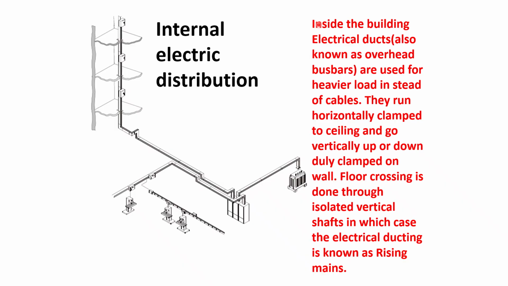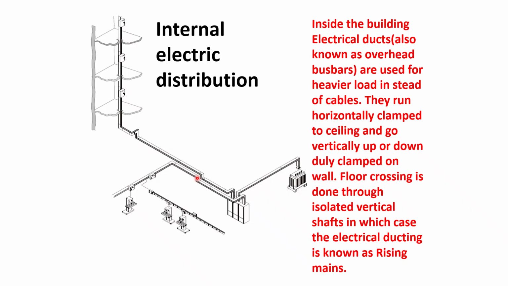So inside, in case of a big campus other than residential, we have overhead busbar circuits which are horizontal, but they are at a certain height hanging from the ceiling.